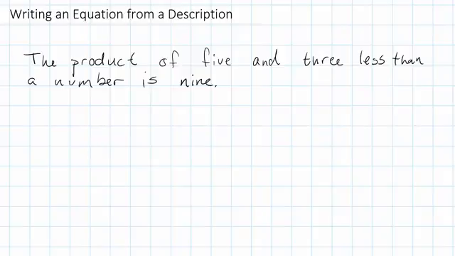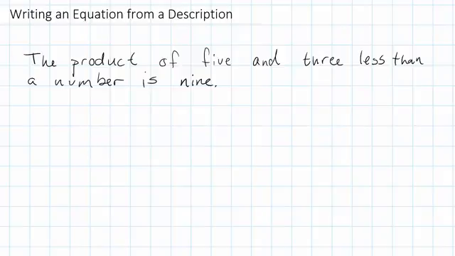Now, this is very similar language to the language that we used to describe expressions, but there's an important difference. When we described an expression, we just used a phrase. When we describe an equation, we use a complete sentence. In particular, there is a verb in a description of an equation.